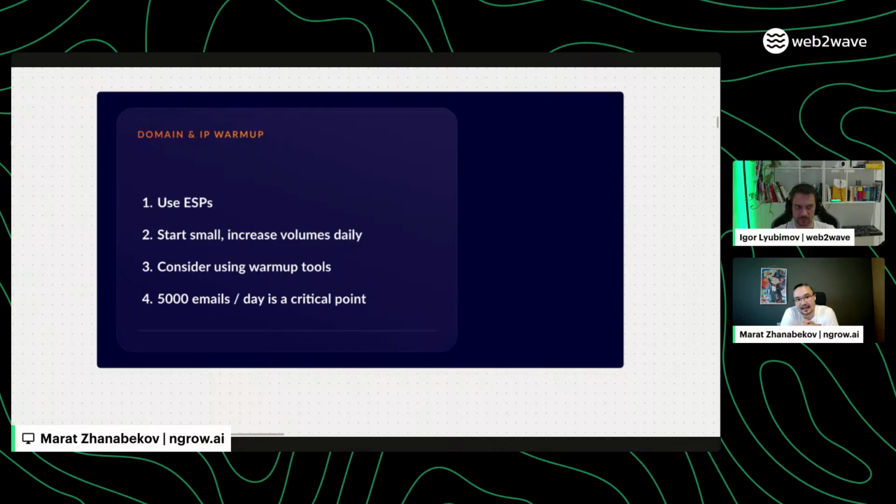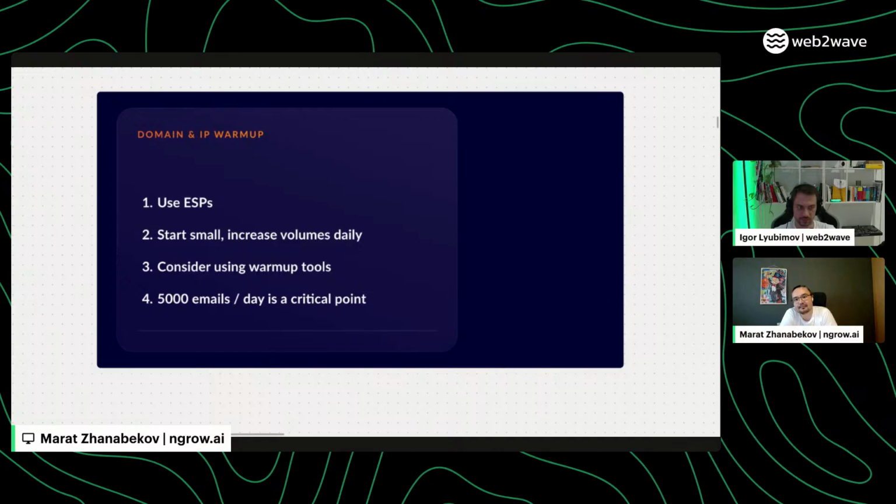You need to use them because they already handle all these nuanced technicalities related to email as a low-level protocol. So you just use them as an API to send emails, and this is pretty much it. It's a standard deal. They have roughly the same pricing. Some of them are more expensive, some cheaper, but they're roughly the same.